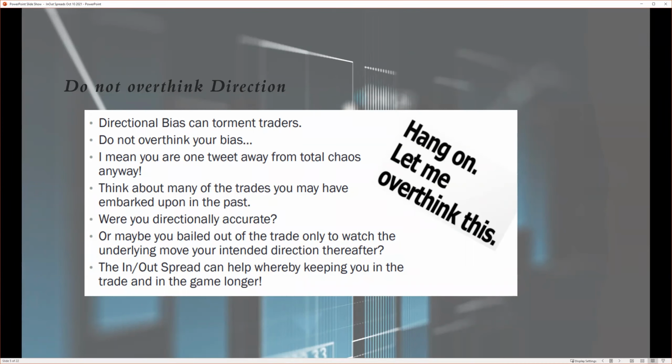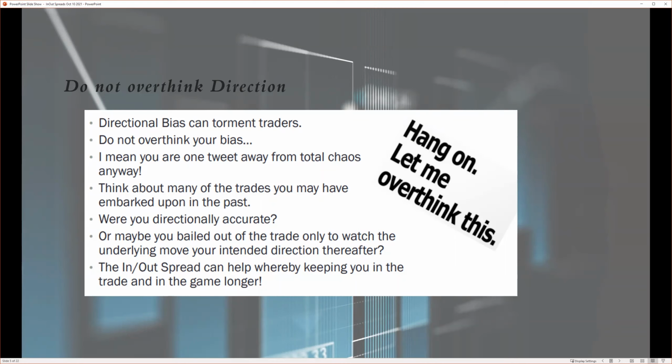I mean, you are one tweet away from total chaos, and something can happen anyway. You can be very bullish today and tomorrow Powell decides to start tapering and everything goes to hell. So you don't have to worry too much about your bias.